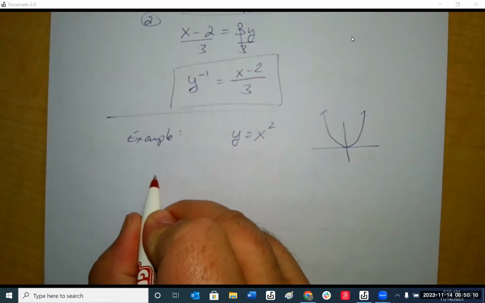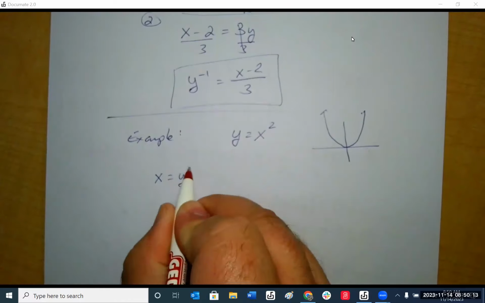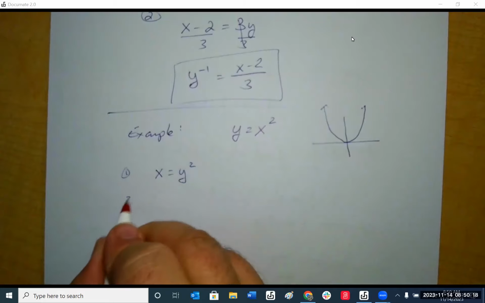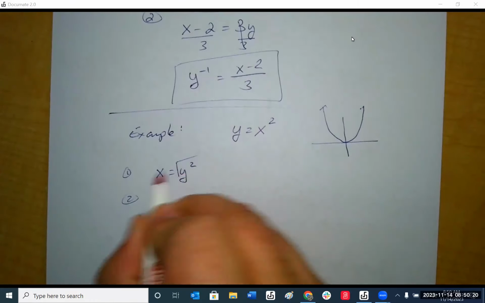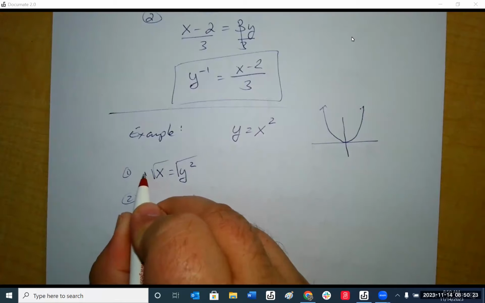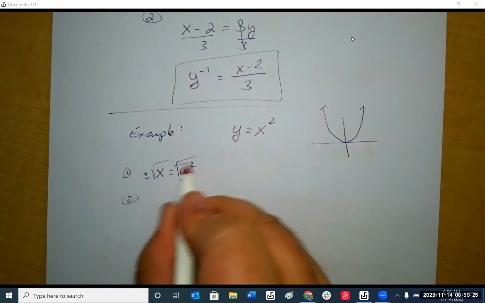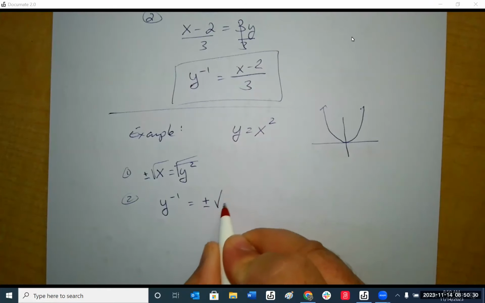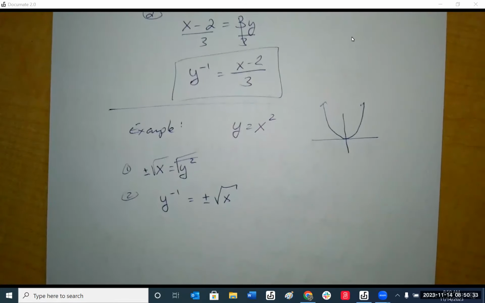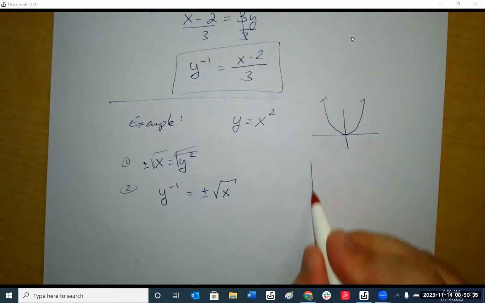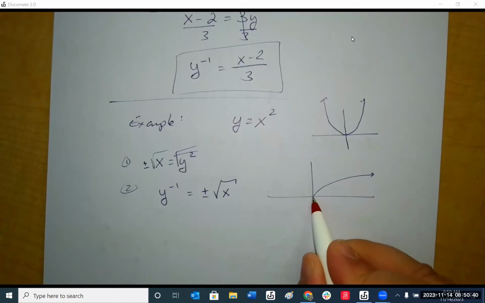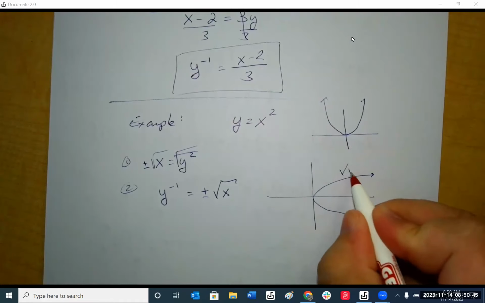So to find the inverse, switch x and y. That's step 1. Step 2, solve for y. Square root both sides. I have to put a plus or minus here. So the inverse equals plus or minus square root of x. This is positive square root of x.